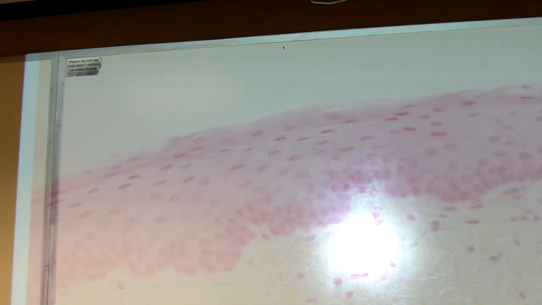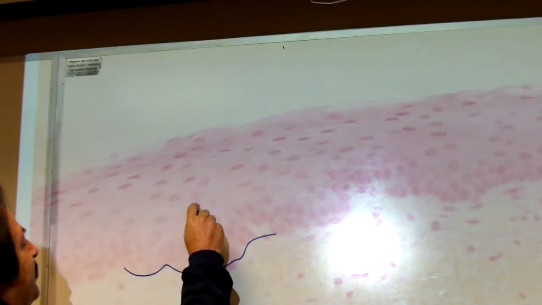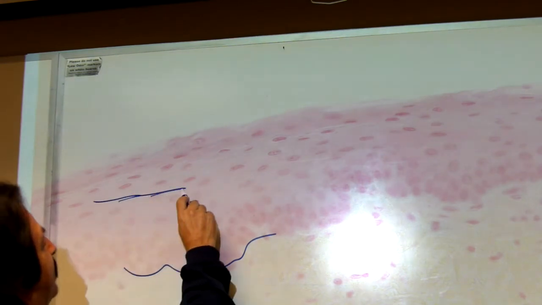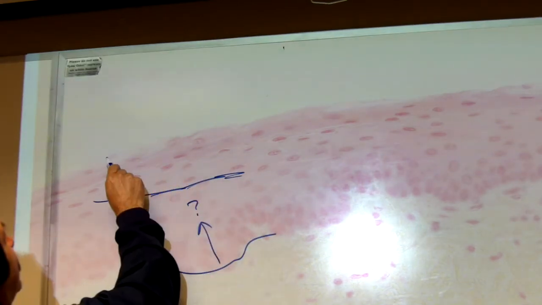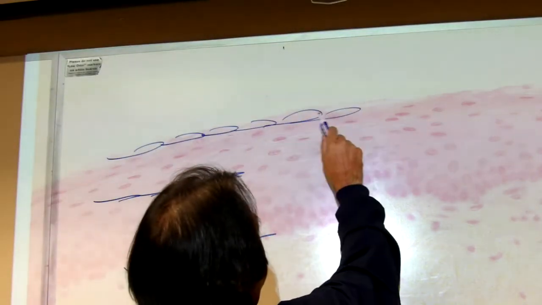Here is a super blown up picture of that. Okay, your basal cells down here, transitioning right here, and then finally your squamous right here, and up here your keratinized cells.